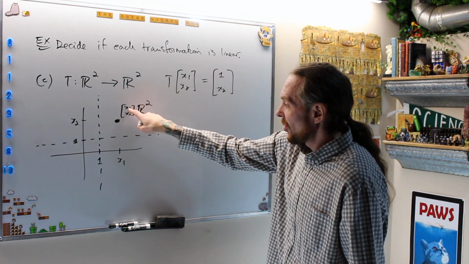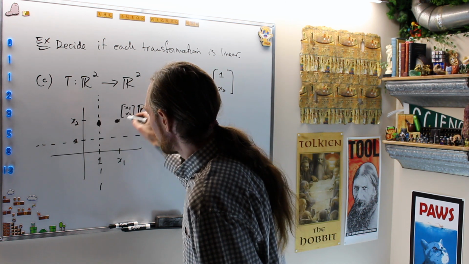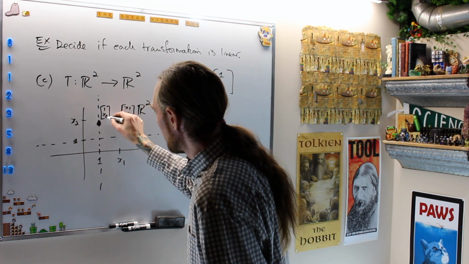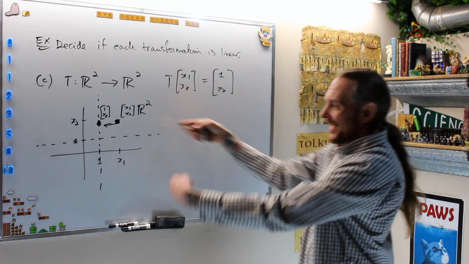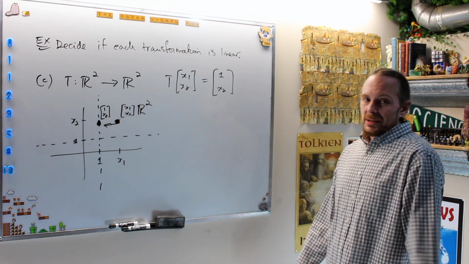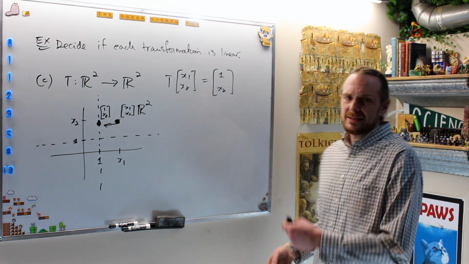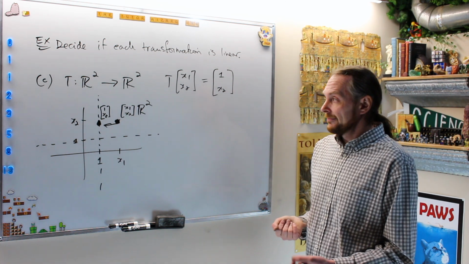So what does that say? It makes the first coordinate a 1, and it's going to send me to that point, which is now the point 1, x2. That's where it's moving everybody. It moves everybody onto that line. That line is not through the origin, so 0 is not going to go to 0. Not linear. Done. I'll check some of the other axioms too, but that's the easy one. What do I check?